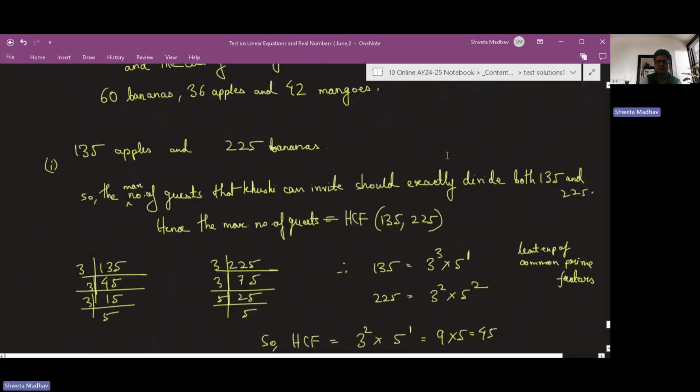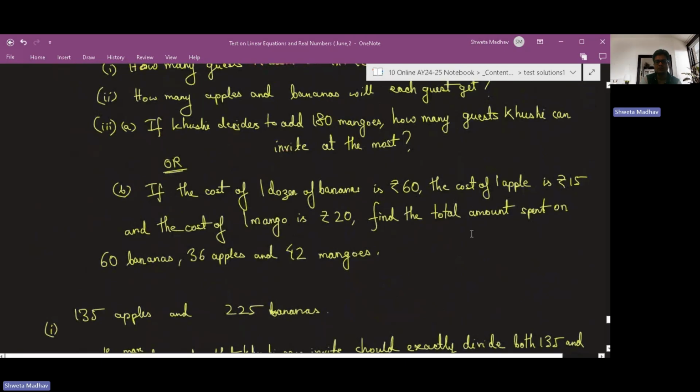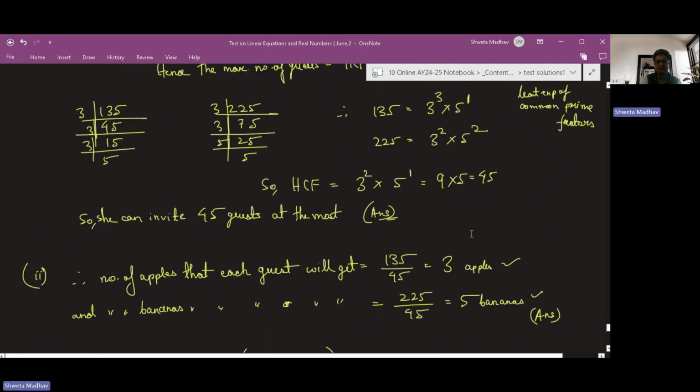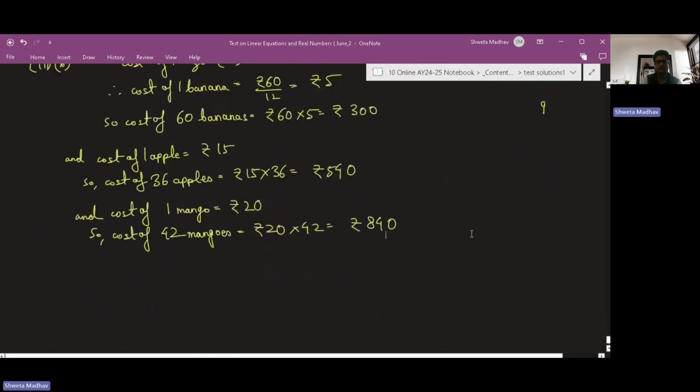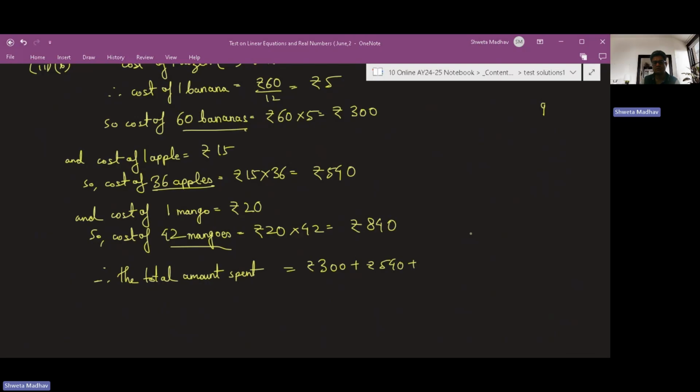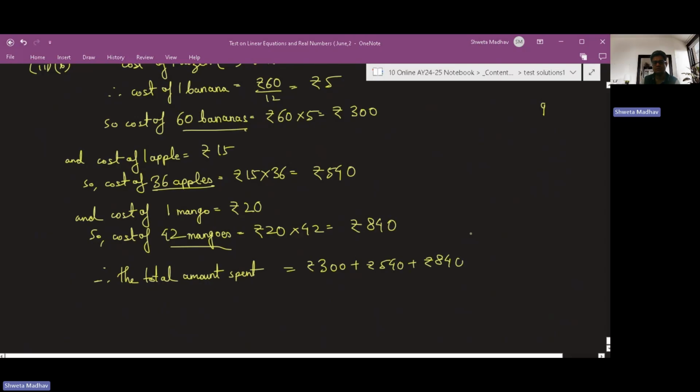It has been asked to find the total amount spent on 60 bananas, 36 apples, and 42 mangoes. So the total amount which will be spent on 60 bananas, 36 apples, and 42 mangoes will be equal to rupees 300 plus rupees 540 plus rupees 840.